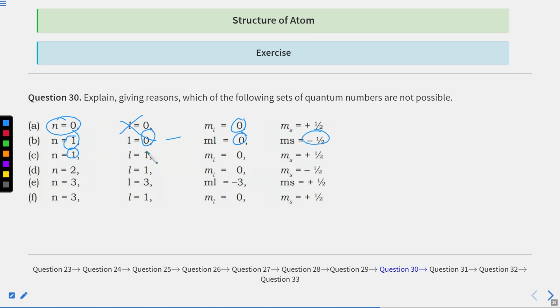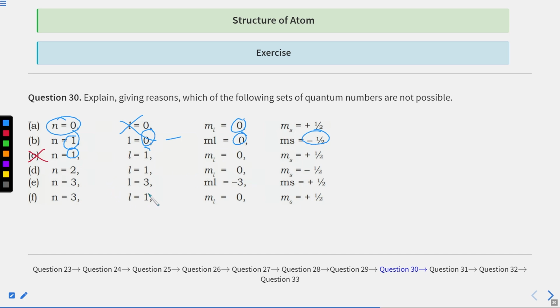Again, n equals 1 with l equals 1 cannot have a p orbital, so it is wrong. n equals 2 can have 2s and 2p, so l equals 1 is for 2p, so correct. Now ml will have value 0, and ms will be minus 1 by 2, so it is correct.